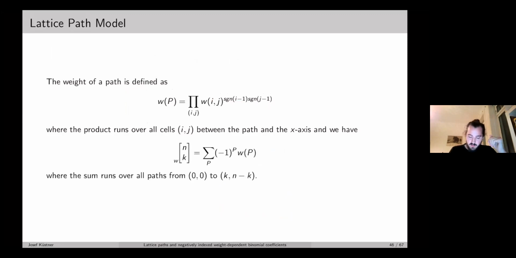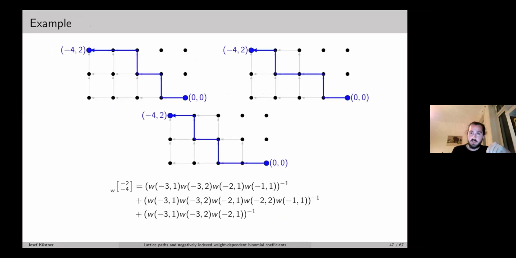And then if we give again these signs to the path that we have introduced before, then we get the weight-dependent binomial coefficient as generating function over all paths, given this weight and given this sign. And I do one example, -2 choose -4 that we had before. If we write this binomial coefficient out, then we get this expression here.